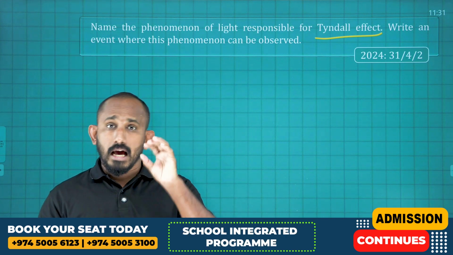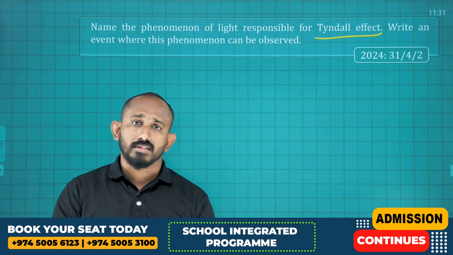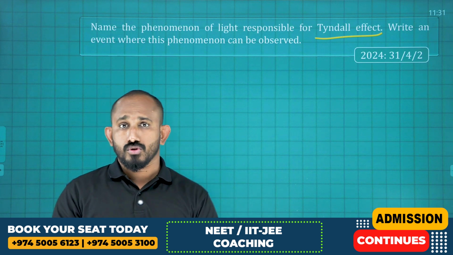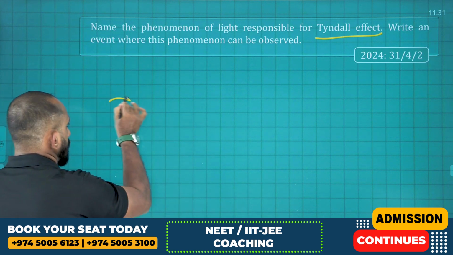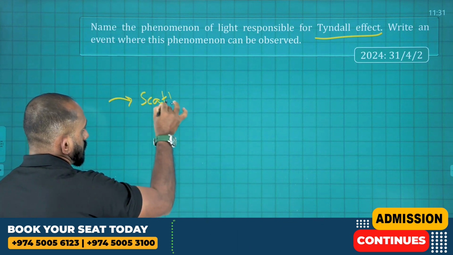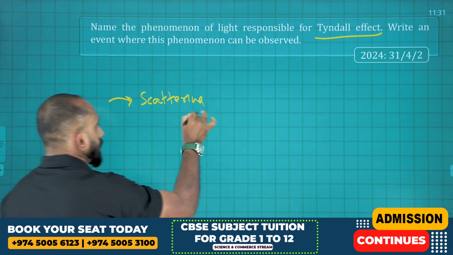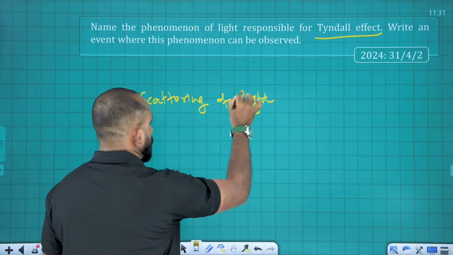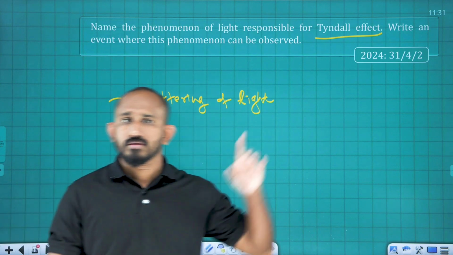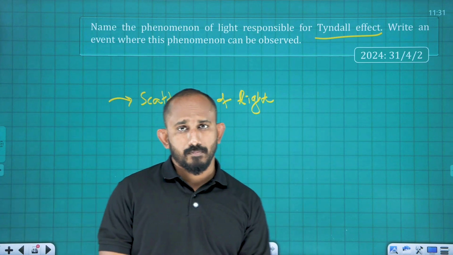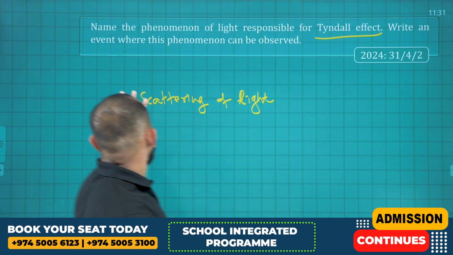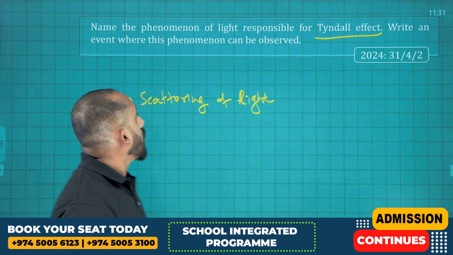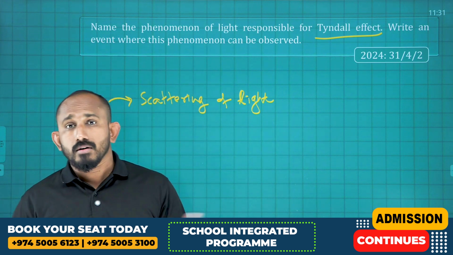If large particles are there, then the scattering is called the Tyndall effect. So scattering of light is the concept. The scattering of light is the phenomenon which causes the Tyndall effect.